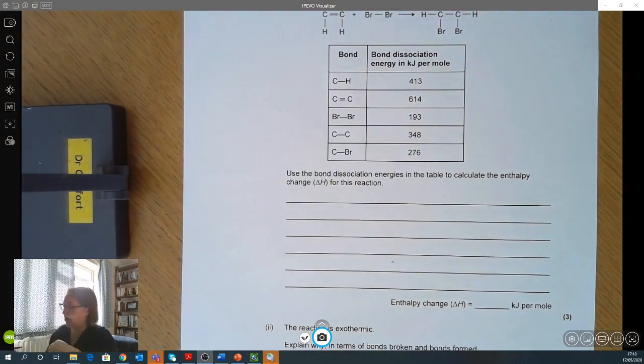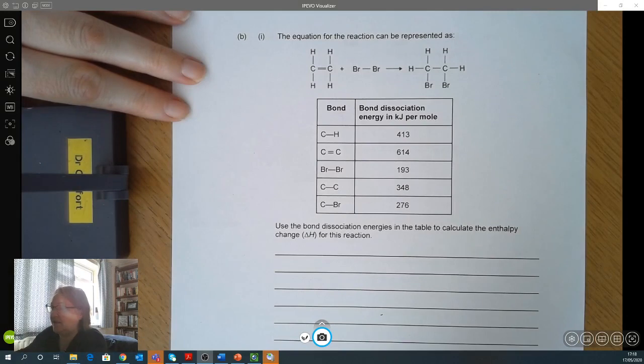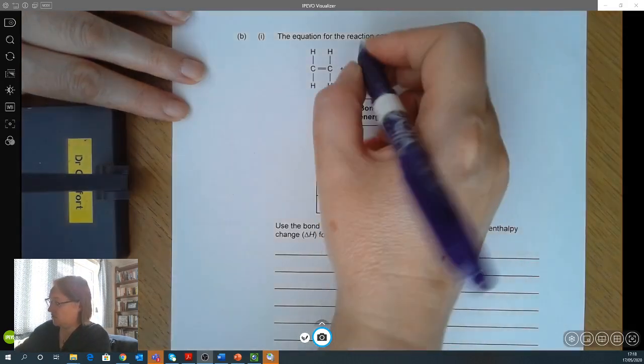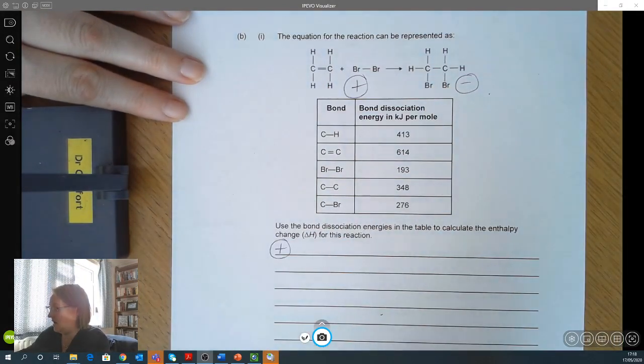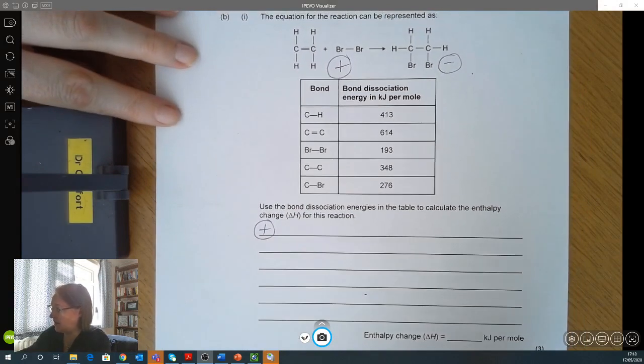So I've now got a final question, which is very similar, and I'm just doing a bond energy calculation again, and this time I'm just calculating the overall energy change again. So I'm just doing plus, minus, let's do the energy gained on this side on breaking the bonds.